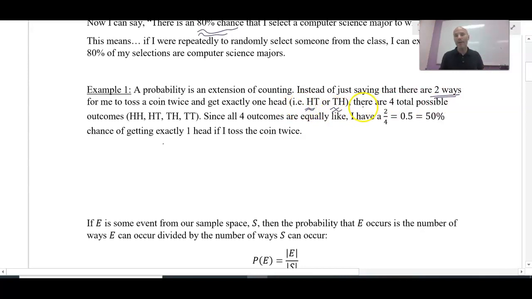But now I want to compare it to the total number of possible outcomes. There are 4 possible outcomes: heads heads, heads tails, tails heads, tails tails, and 2 of the 4, or 50% of the time, I should get exactly 1 head. Either the head in the first position and a tail second, or vice versa.